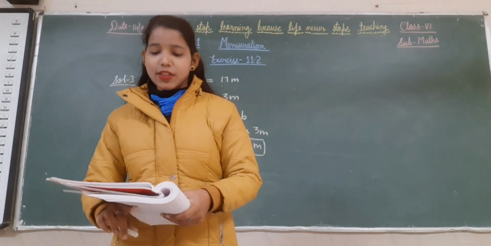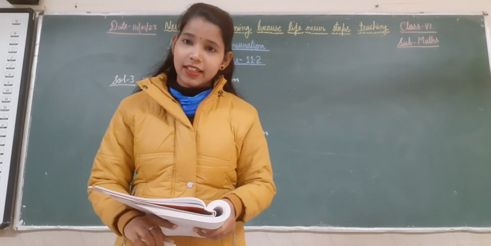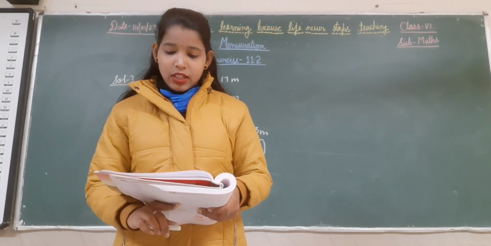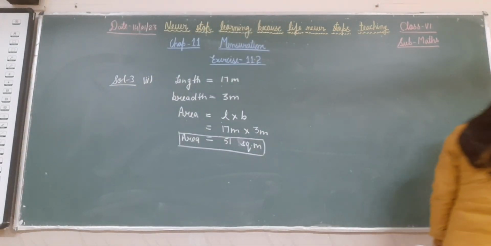Now let's move to the next question, question number 4. Again we have to find the area of the rectangle here. Question number 4 part 3 you have to note down. 2 meter and 90 centimeter. That means length and breadth are given here.